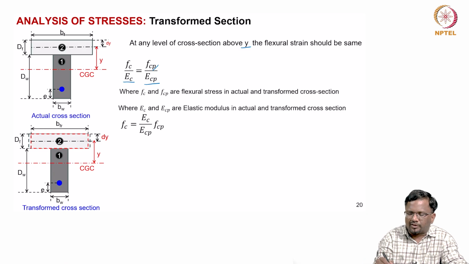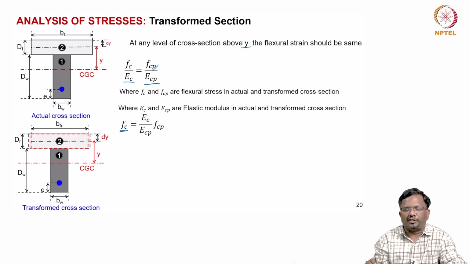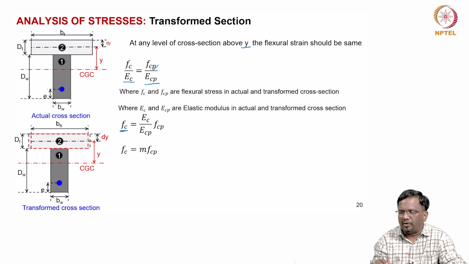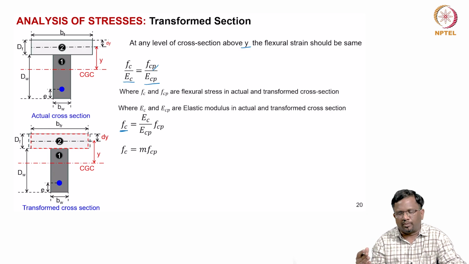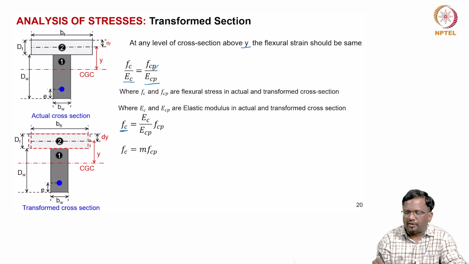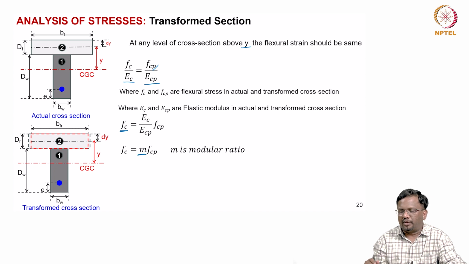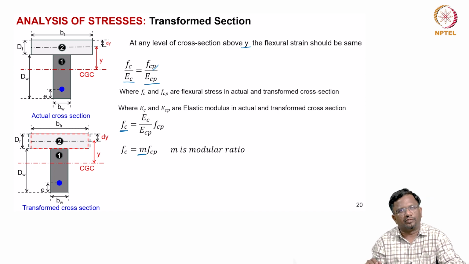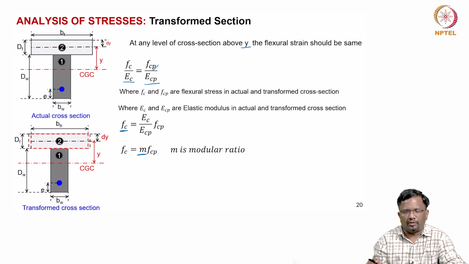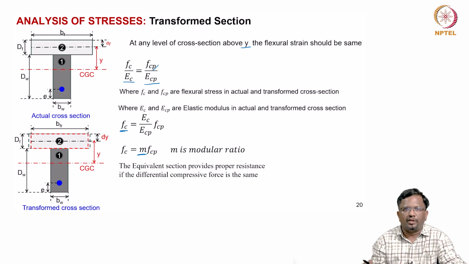So, we can say the stress is EC by ECP into FCP, right. Or in other words, the ratio of EC by ECP, which are actual and transformed cross section, we can write that as modular ratio. M is the modular ratio, so if you have difference of elastic modulus between girder and your deck slab, then you can use the concept of modular ratio to calculate the stresses.